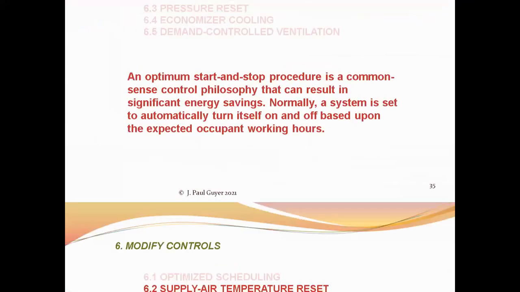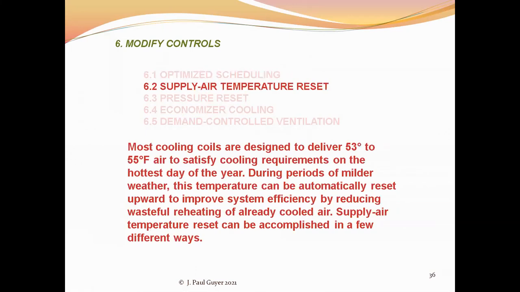Supply air temperature reset. Most cooling coils in the evaporator heat exchanger are designed to deliver 53 to 55 degree Fahrenheit air to satisfy cooling requirements on the hottest day of the year.